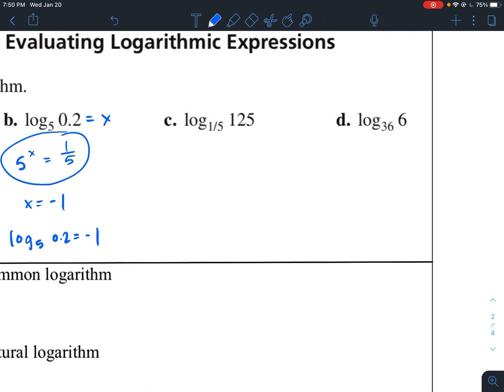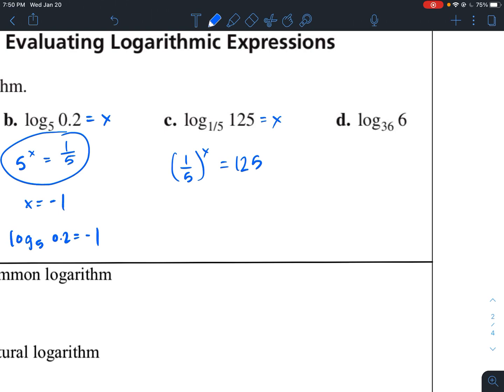Okay, now here I have log base 1/5 of 125, so I'm going to rewrite this as 1 over 5, raised to the x power, is equal to 125. So x is going to have to be negative, because this right here is not in a fraction, and this one has a 5 in the denominator.